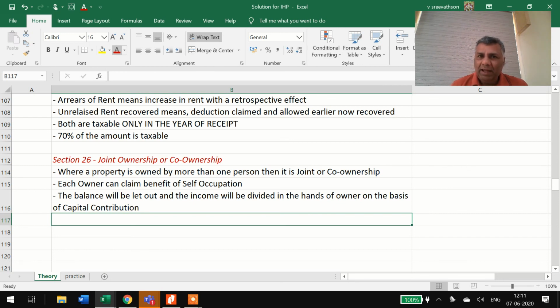Annual value of a property consisting of land and building appurtenant thereto, of which the assessee is the owner, after providing for deduction under section 24. After providing for deduction under section 24, that is the next part of the discussion.